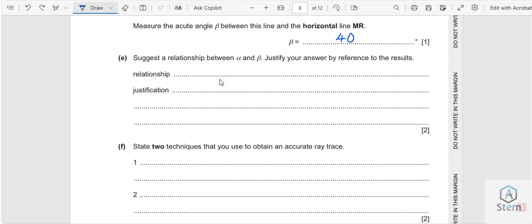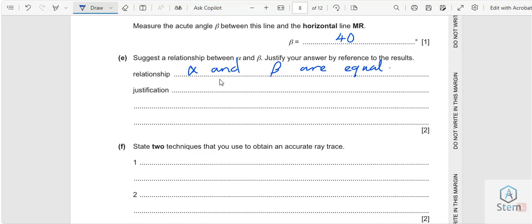At the end of the day, if alpha and beta have a percentage difference of less than or equal to 10%, then you can say alpha and beta are equal.